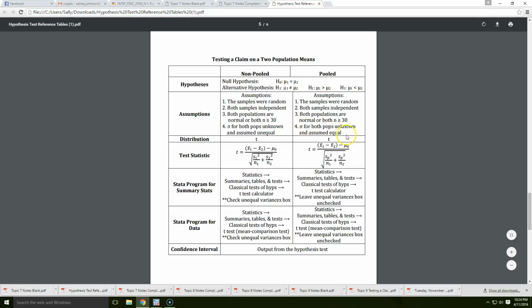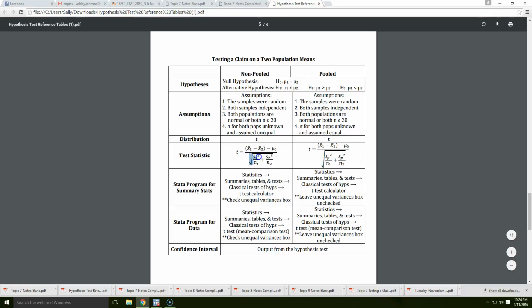In order to test this assumption, we actually need to do the hypothesis test from the previous section. The reason this is called non-pooled, even though the word unequal appears here multiple times for both the STATA instructions and in the description, is that if your standard deviations are statistically not equal to each other, then we have a special calculation where we keep the standard deviations separate.